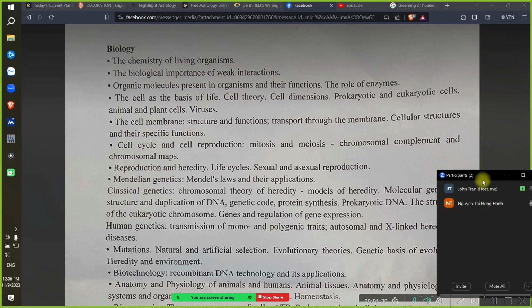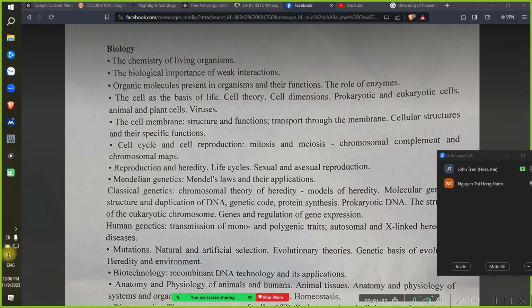Yeah. So the cell membrane contains a lot of compounds. Mostly phospholipid is the most abundant in a cell membrane. The structure of the phospholipid contains a phosphate group plus two fatty acid chains and a glycerol molecule.